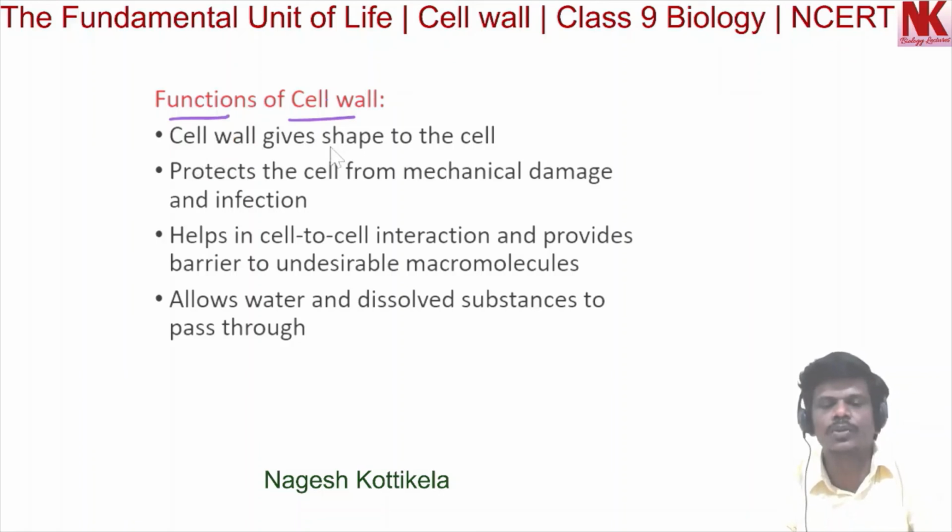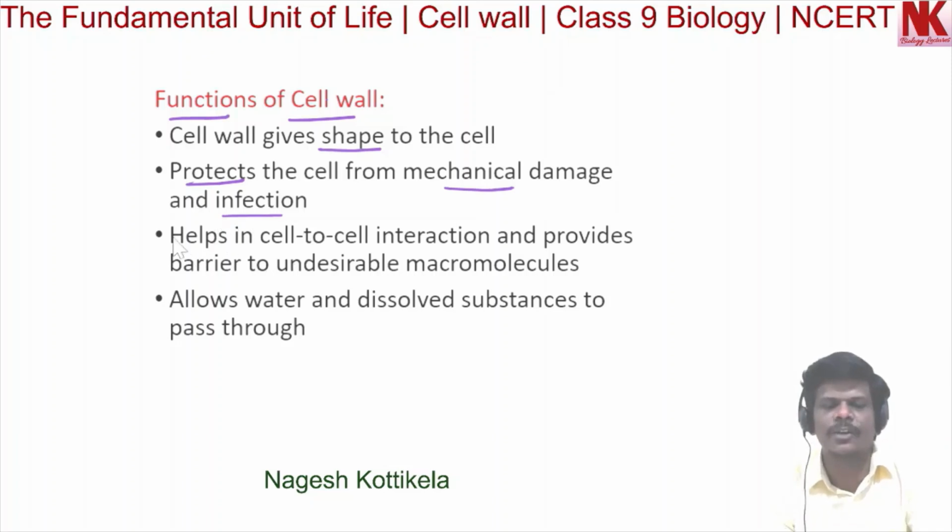Cell wall gives a shape to the cell, being an outermost covering in plant cells or bacterial or fungal cells. A cell wall is giving a definite shape to the cell. It protects the cell from mechanical damage and infection by various pathogens.